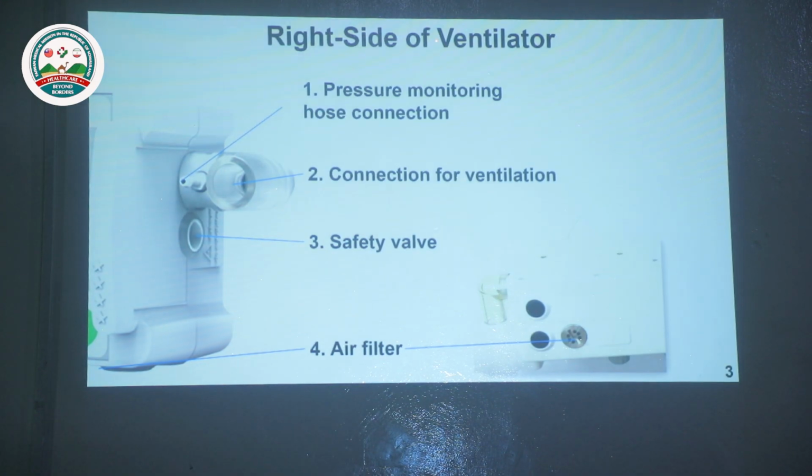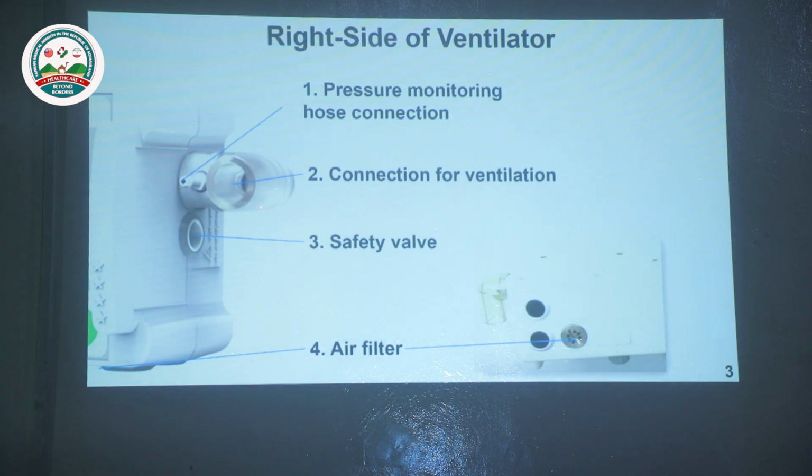On the right side of the ventilator, when you face the ventilator, with the screen on your right-hand side, there is one small nozzle over here, used to connect a small tube, which I will show you later, to measure the airway pressure around the mouth of the patient. And this large bore is used to connect the inspiratory line.